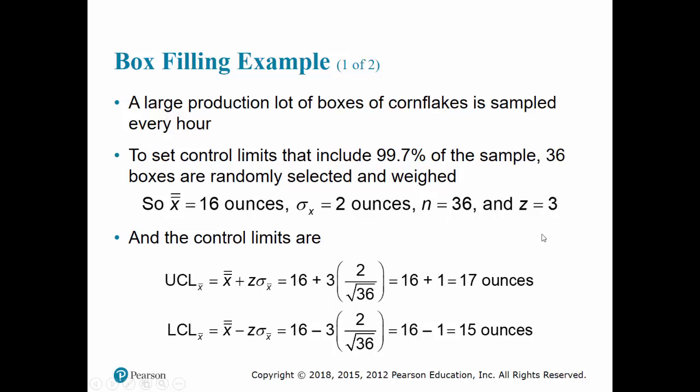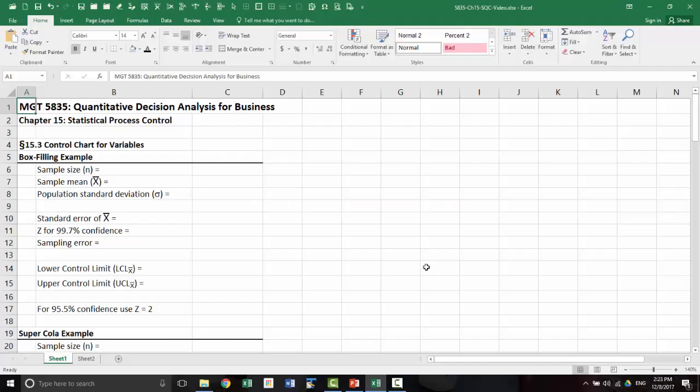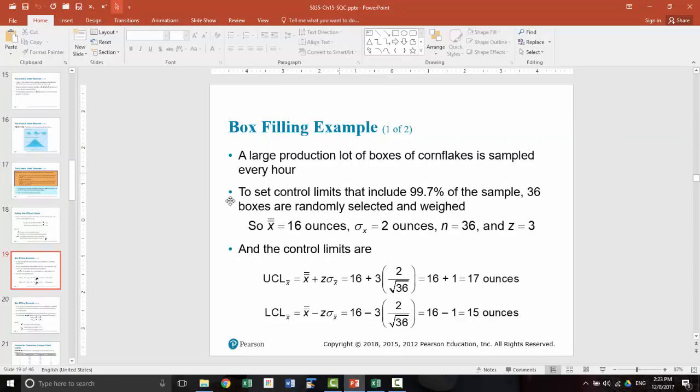So z is equal to 3. Then you apply this into the formula. So x double bar is 16, sigma is 2, sample size is 36.